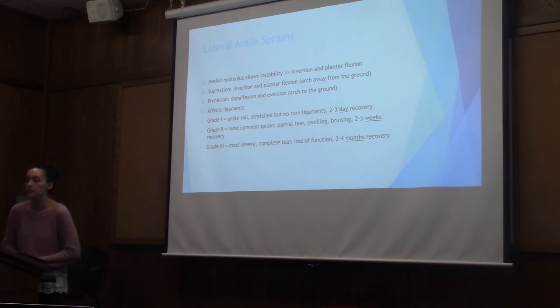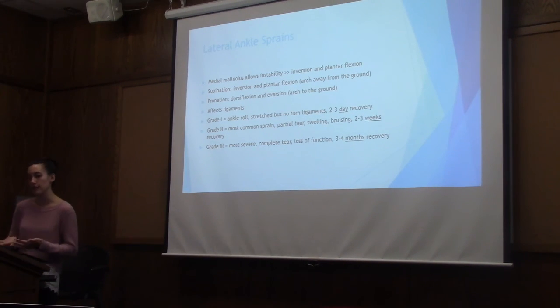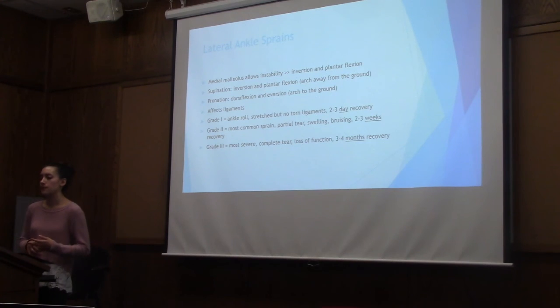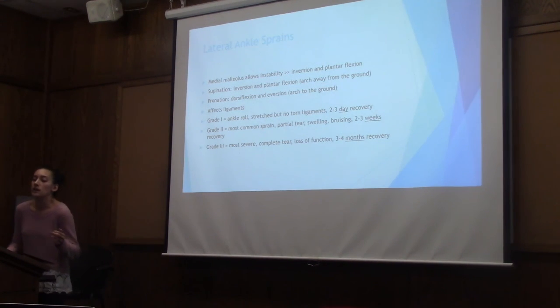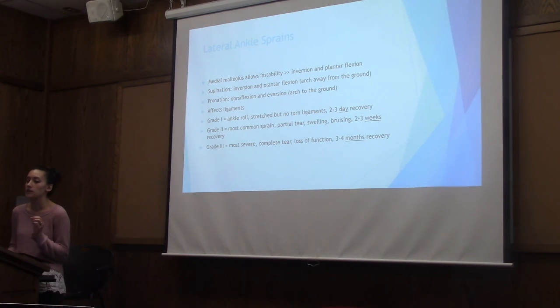Okay, lateral ankle sprains. We just talked about this. The medial malleolus allows instability, so you can invert and plantar flex. You can invert more than you can evert. Lateral ankle sprains are going to happen when you're supinating.